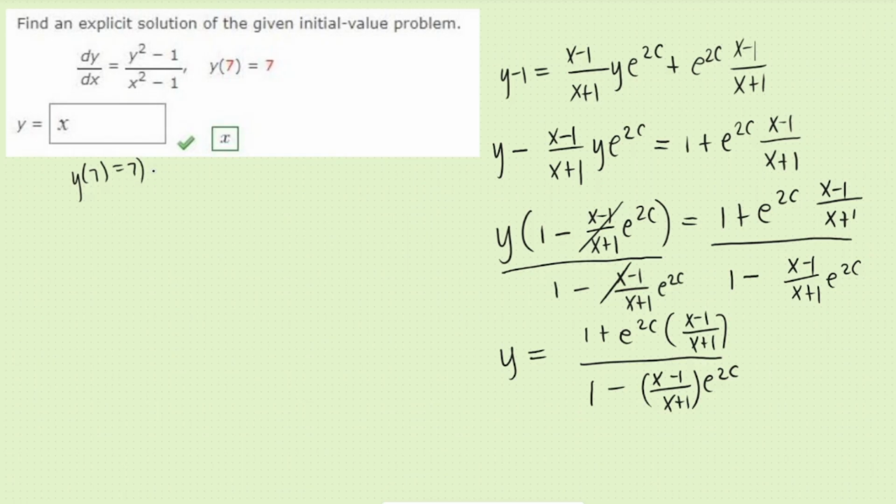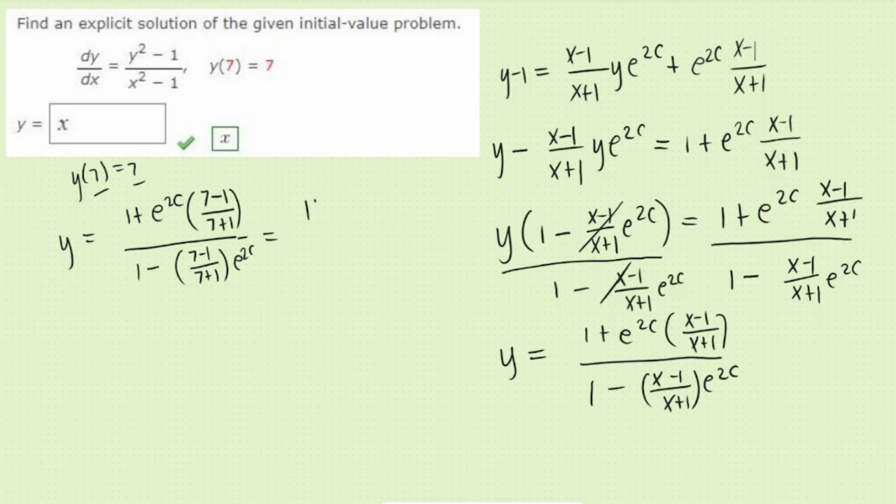This means that if your x is 7, then the value of your y is 7. So we plug that in. x is equal to 7. 1 plus e to the 2c times (7 minus 1) over (7 plus 1), all over 1 minus (7 minus 1) over (7 plus 1) times e to the 2c.